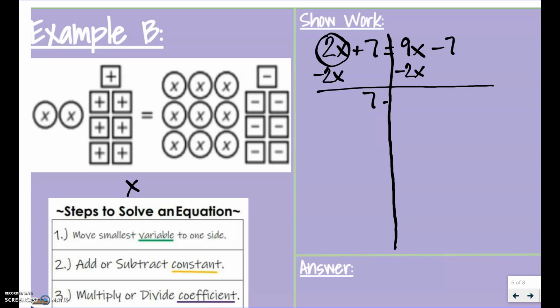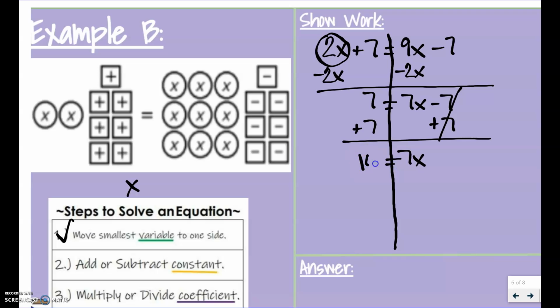So I have 7 is equal to 7x minus 7. Step 1 is done. Now I'm going to add or subtract my constant. My constant is negative 7. I'm going to add 7. What I do to one side, I do to the other. This cancels. So I have 7x is equal to 14.